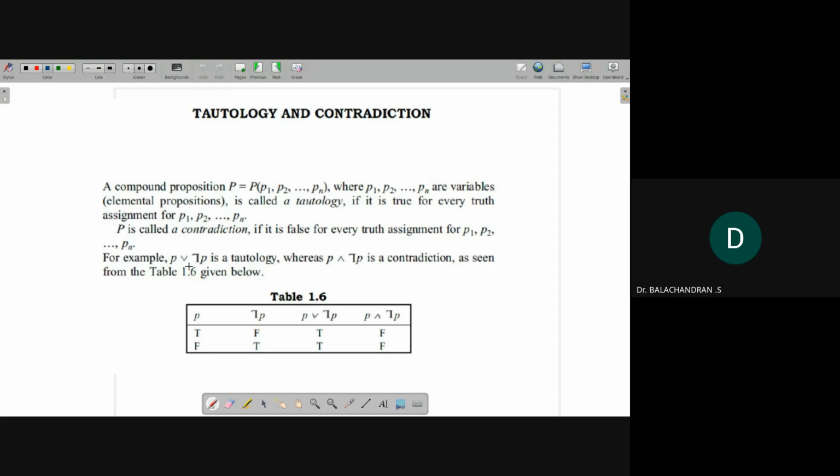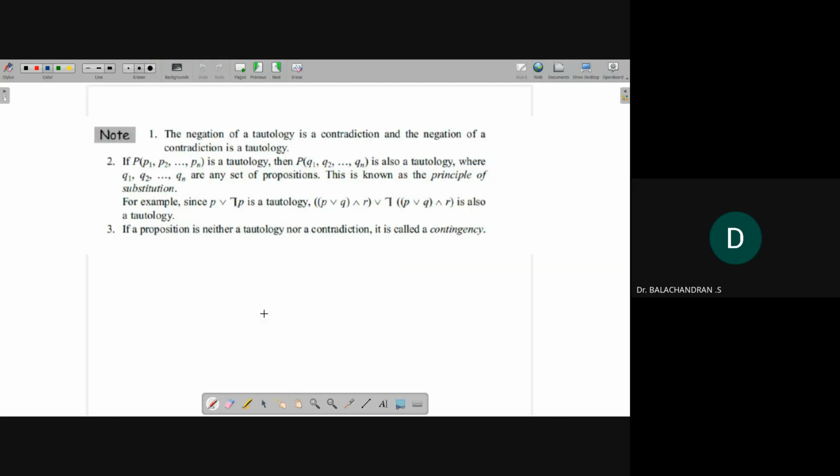For example, P or negation P is what? P or negation P is a tautology, whereas P and negation P is what? Contradiction, as you can see from this table. Okay, some observations here. The negation of a tautology is a contradiction.